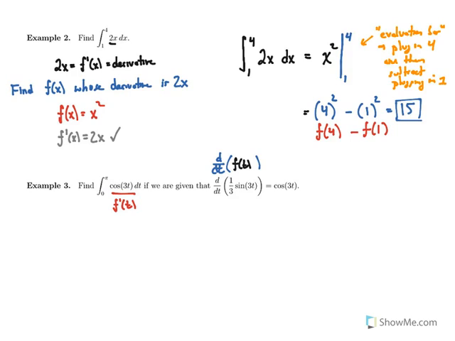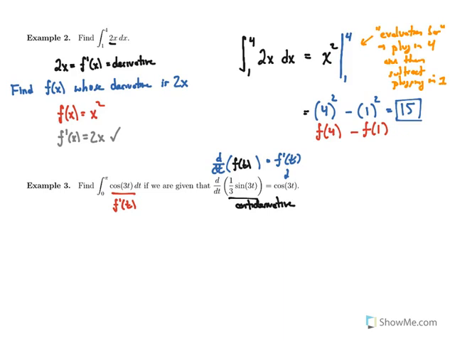So that means that 1/3 sine of 3t is our antiderivative that we're looking for. And you can verify that. If you find the derivative of 1/3 sine of 3t, you can use the chain rule. The derivative of sine is positive cosine. Multiply by 3 on the outside, and you get just cosine of 3t. So that's something that you should verify on your own.